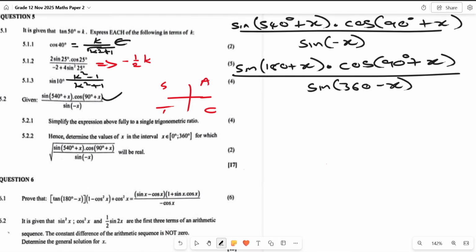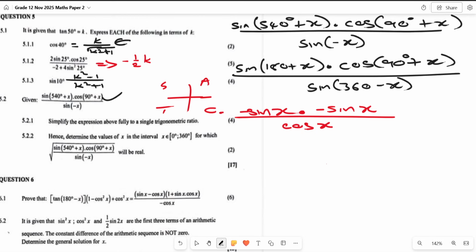All right, let's use a reduction. Sine is going to be negative in the third quadrant, so it's going to be minus sine x, times cos of 90 plus x, which is only positive when it's sine, so this is going to be minus sine x. We will divide this by sine of 360 minus x, which is going to be cos x.